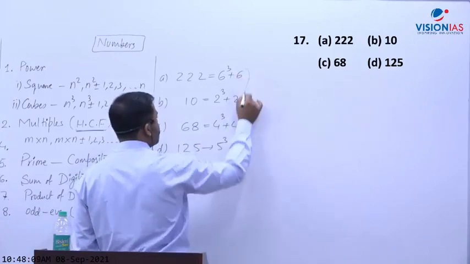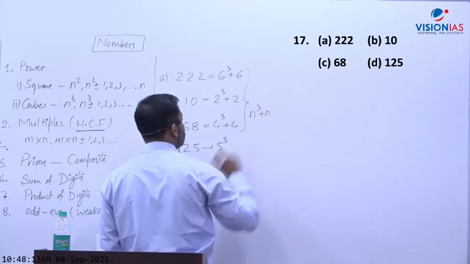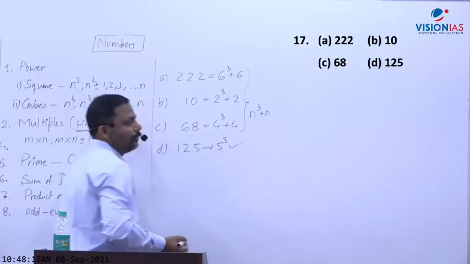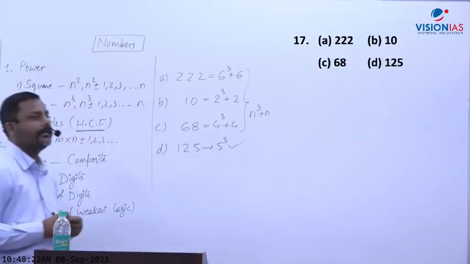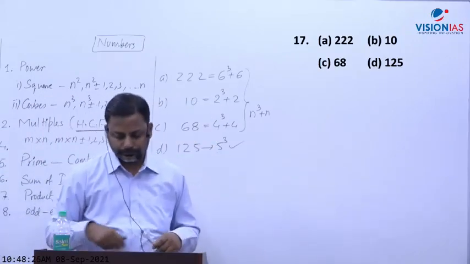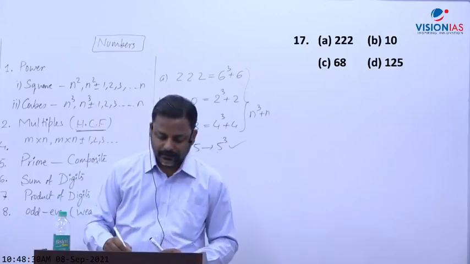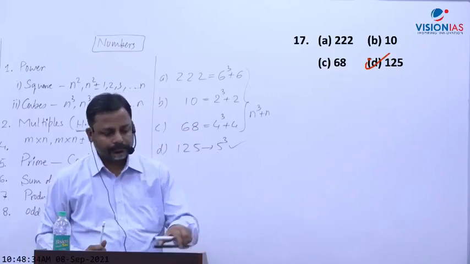Means rest of the numbers are in a format of n cube plus n. But this is not following the format of n cube plus n. So that's why the answer is D. So answer of the 17th question is option D. Okay?